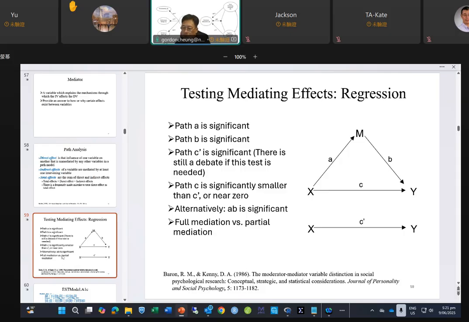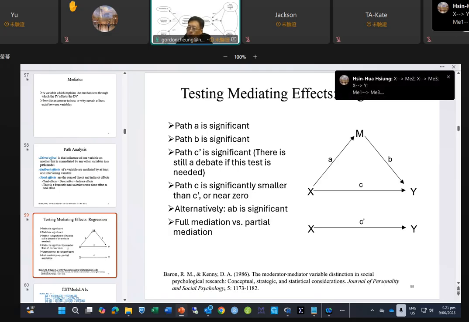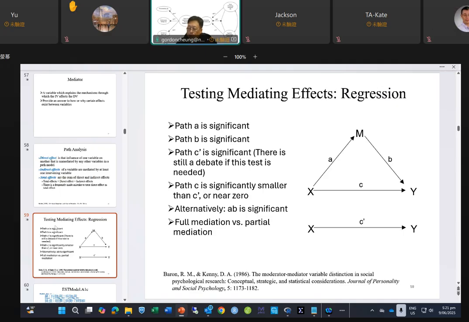Now, here, supposedly your three mediators are the mediator at time 1, then at time 2, then at time 3, and then eventually it will affect Y. It happens all the time, okay?